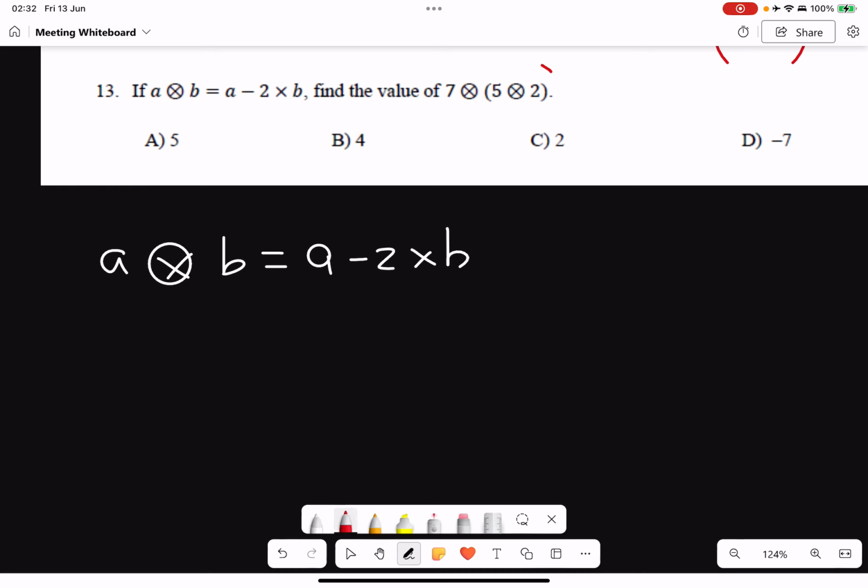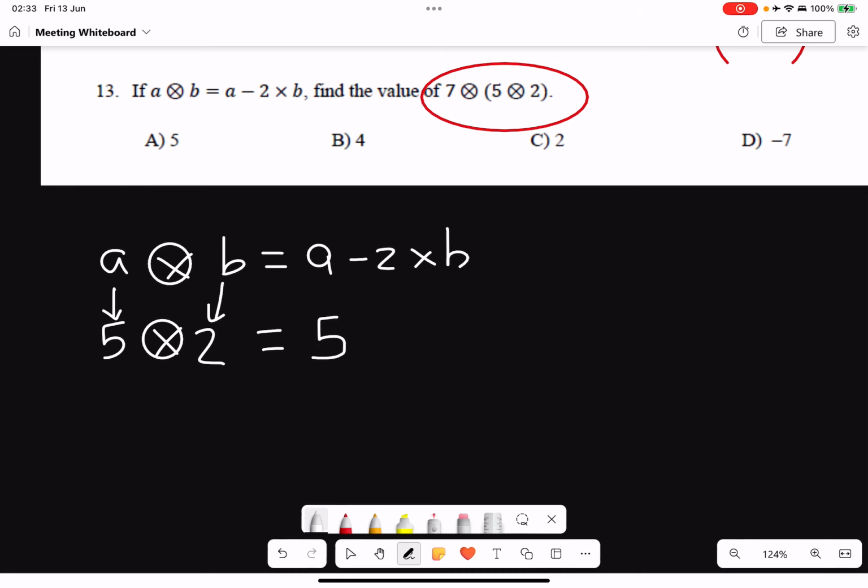So we can tell that by using BODMAS, I'm going to start with 5 star 2. You can see that 5 is like A, B is like 2. So it's like I have 5 minus 2 times 2, because my B is 2. And this will give me 1.